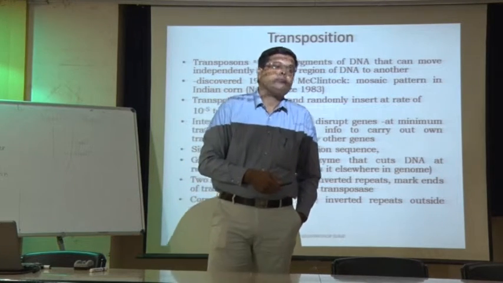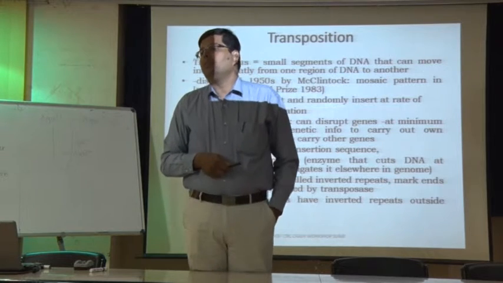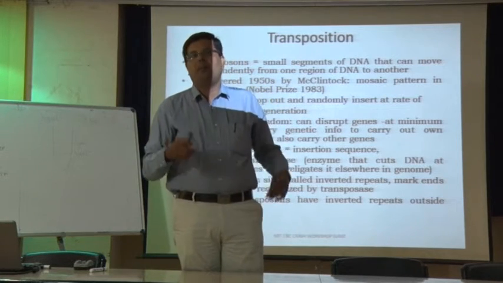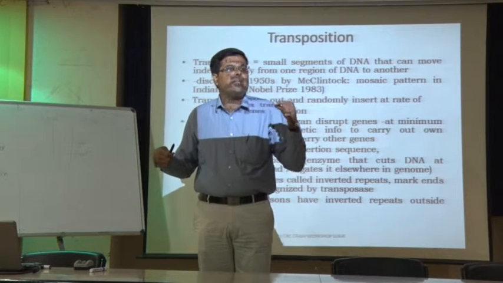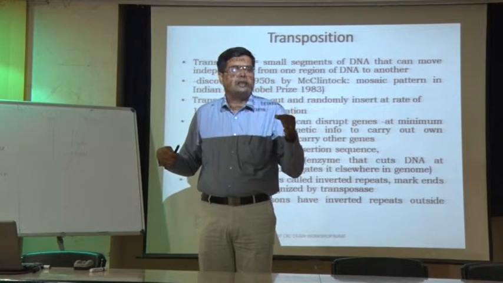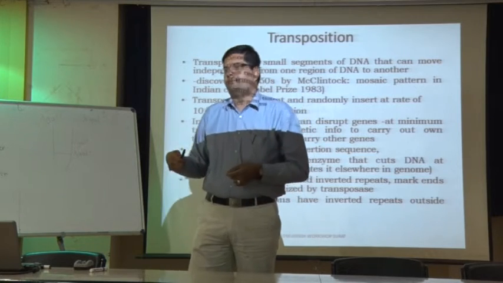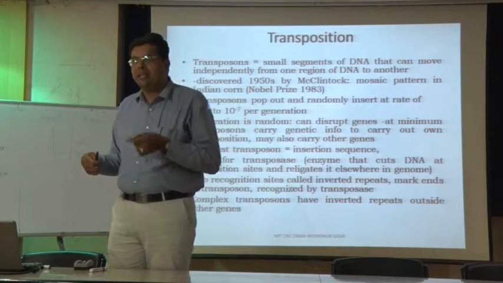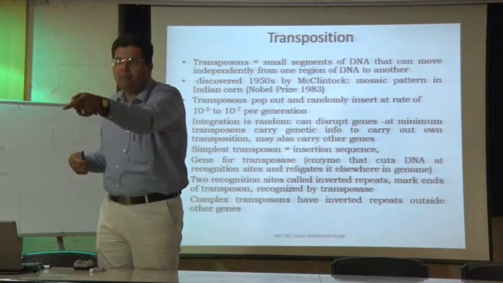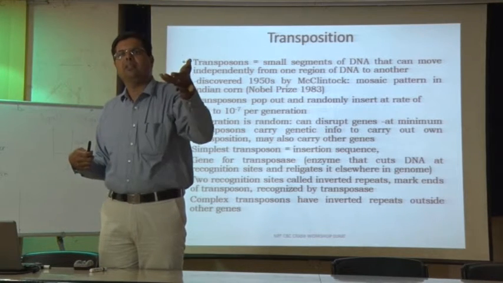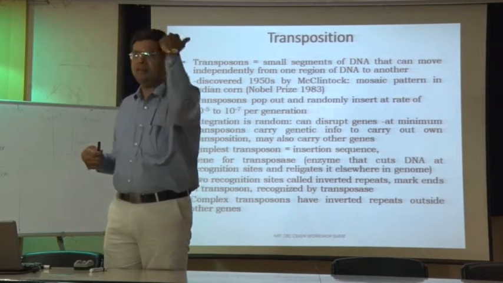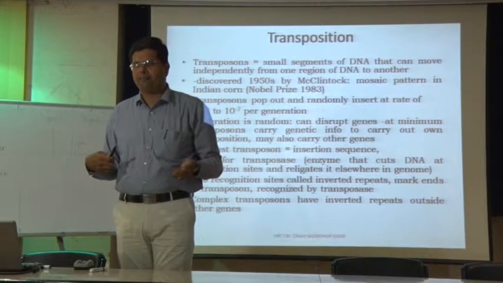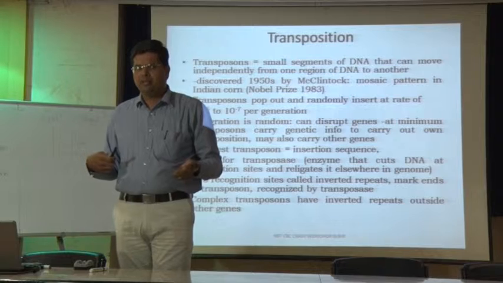So there are certain transposable elements which, apart from their own gene for transfer, also carry an additional marker. So when they get inserted into the target DNA, they confer that particular property to the target DNA. For example, if it contains antibiotic resistance, it confers antibiotic resistance to the target DNA. Are you getting it?